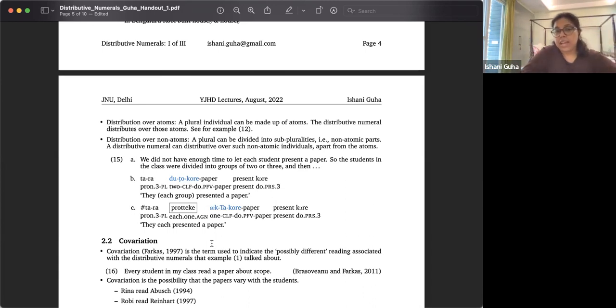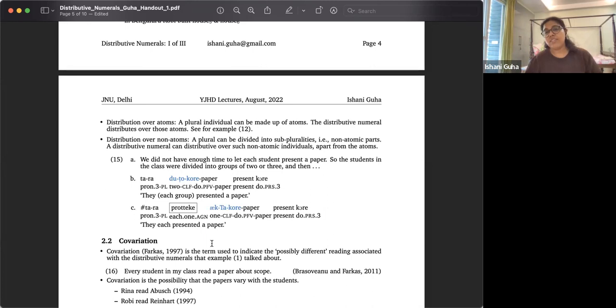In 15C, I have added the adverbial protyeke, each. Adverbial each. So Tara protyeke ekta kore paper present kore. This is infelicitous in the context given in 15A, because we set up our discourse by saying we do not have enough time to let each student present a paper.